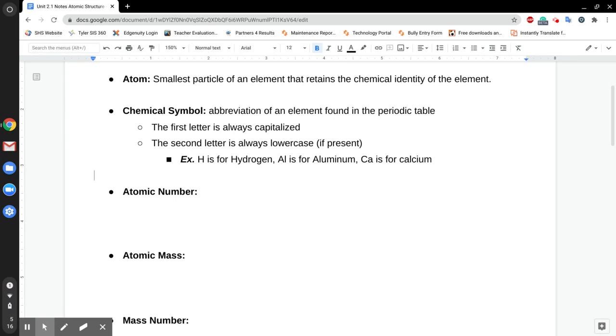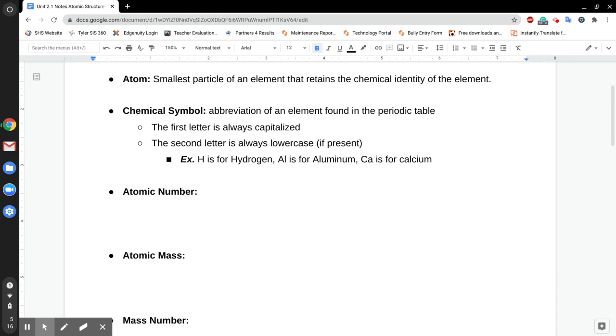When we are balancing equations, writing out chemical equations, or doing stoichiometry, whatever it is, we have to make sure we're properly writing these, because if you write, say, a capital A and then a capital L, it's going to be wrong.